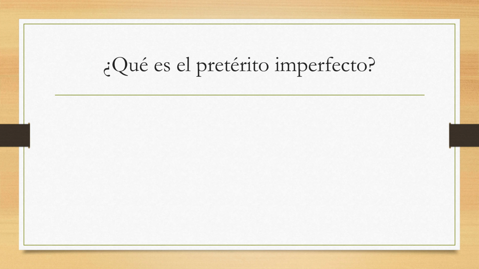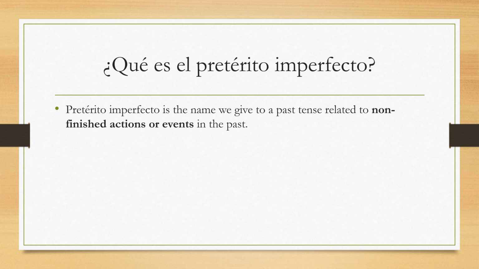So first, ¿qué es el pretérito imperfecto? Pretérito imperfecto is the name that we give to a past tense that is related to non-finished actions or events in the past. This is a general idea of what pretérito imperfecto is.